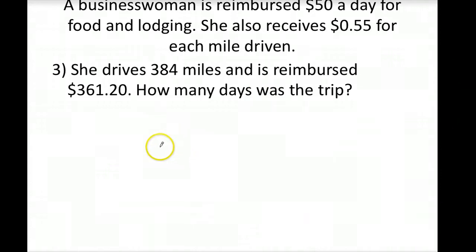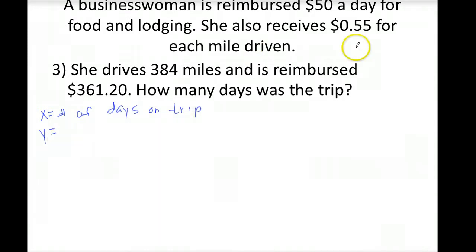Now, in order to do that, we're first going to define variables. I tend to lean towards using x and y, but you can use different variables if you want to. So I'm going to define x based off this first part, $50 a day. So x I'm going to define as the number of days on the trip.